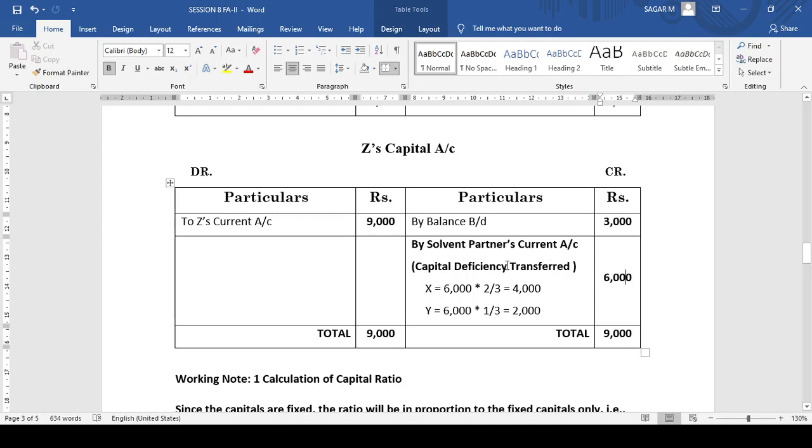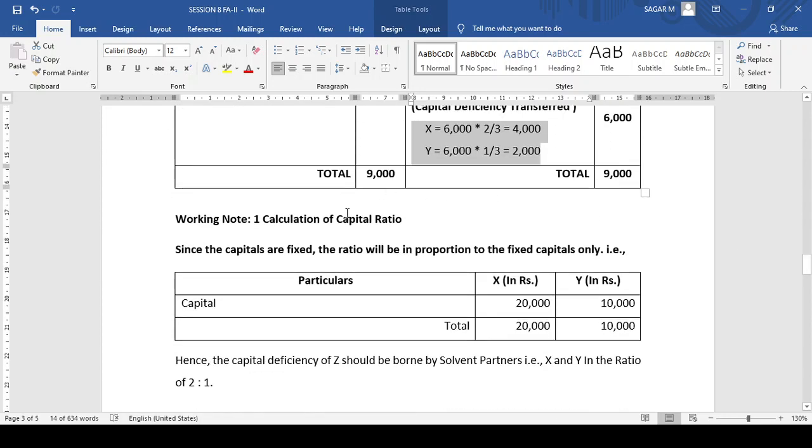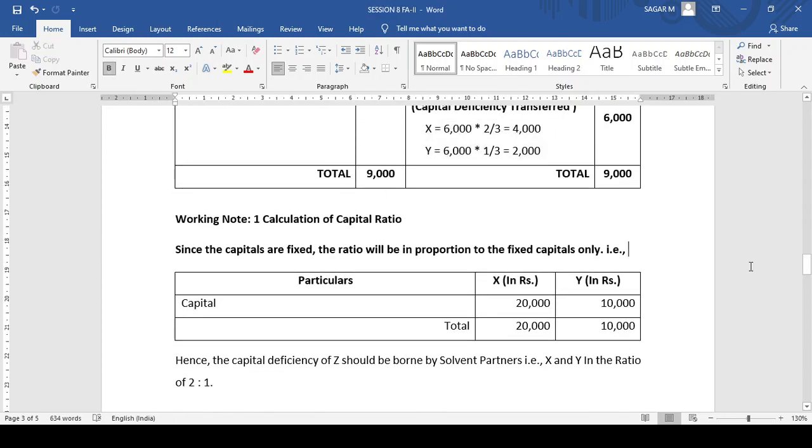Then, before dividing the amount among X and Y, we need to know the capital ratio. As I told you, the capitals are maintained under fixed method. Here, no adjustments need to be done with the capital accounts.